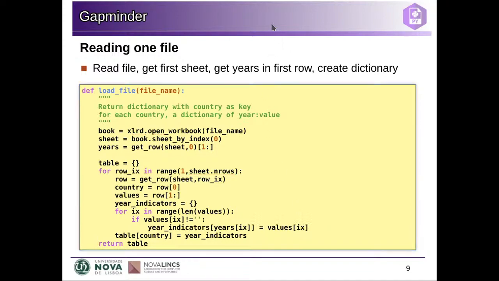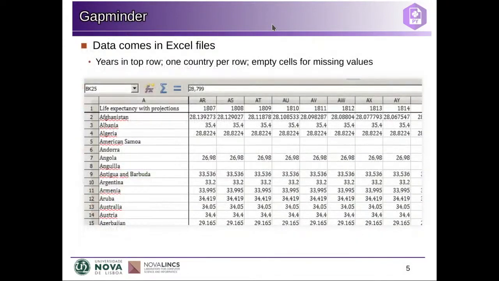So basically what we're doing here is we get the list of years on the first row, and then we go down all the rows, and whenever we find a cell that is not empty, we associate the year in that position along the row with the value in the same position. So this year with this value, this year with this value, and so on.